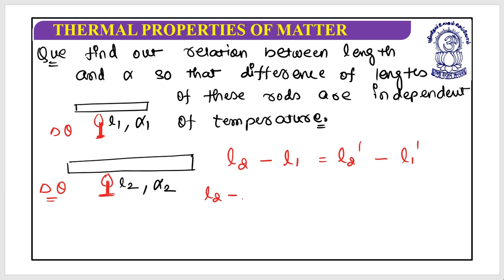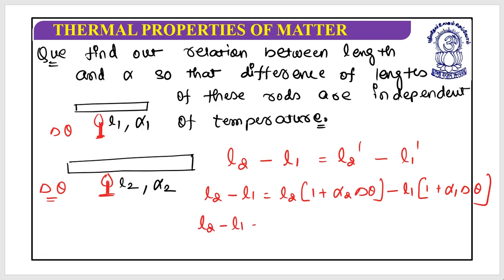So L2 minus L1 equals L2 into bracket 1 plus alpha 2 delta theta, minus L1 into bracket 1 plus alpha 1 delta theta. So L2 minus L1 equals L2 plus L2 alpha 2 delta theta minus L1 minus L1 alpha 1 delta theta.